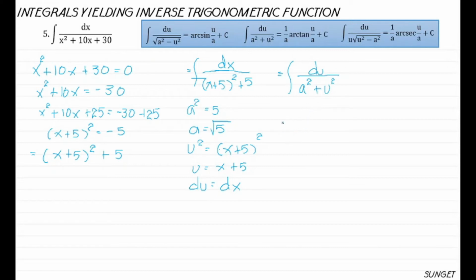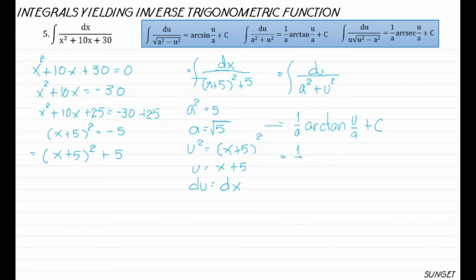So integrate, we have 1 over a times the arctangent of u over a plus c. Then substitute the values of u and a.